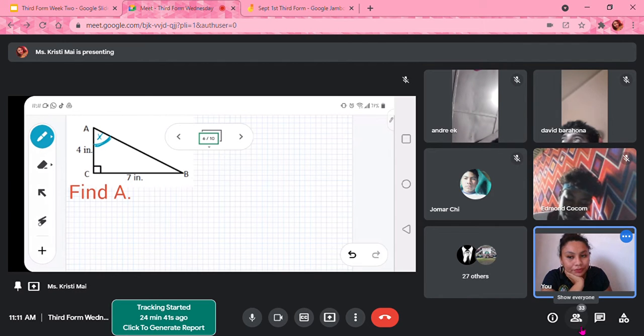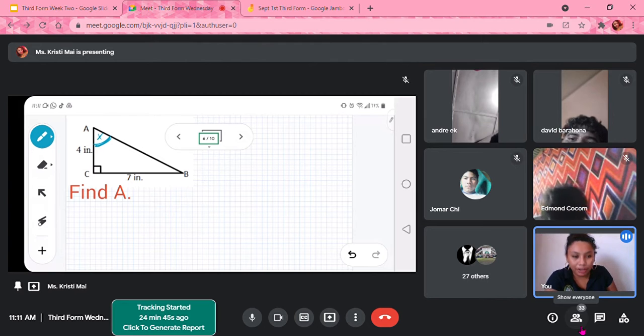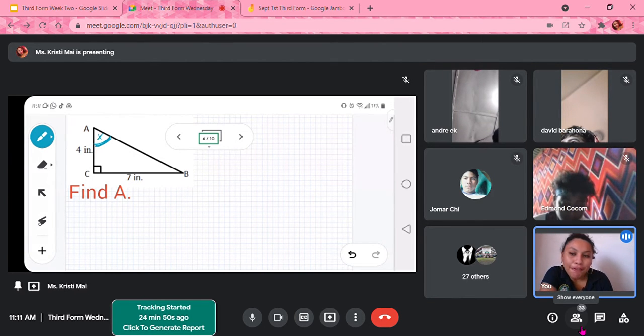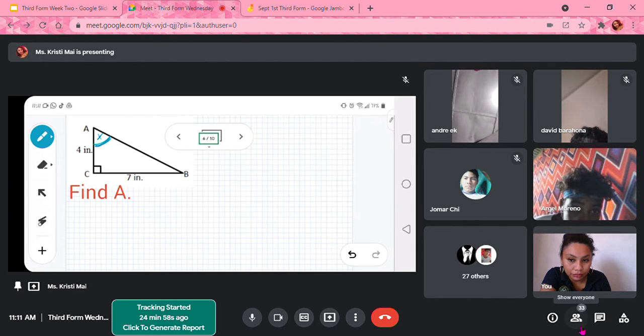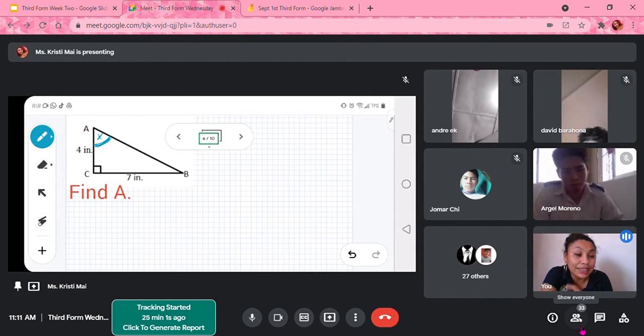So now, I need to label my triangle. First step always. If X is going to be our theta, what is the 7? What side is that 7? Opposite.